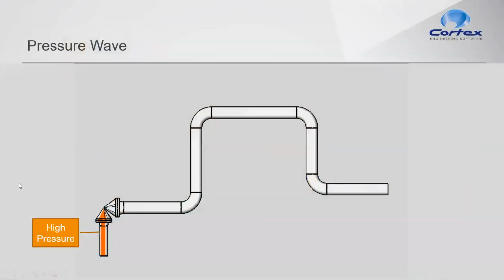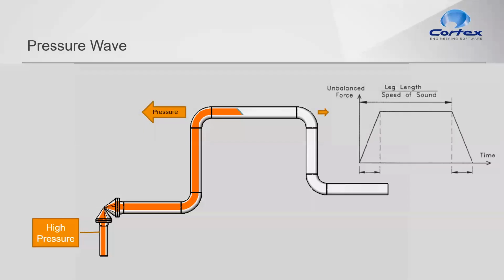One of the reasons it creates issues for the engineer is that we have transient piping pressure waves that transmit through the piping system. These cause high pressures in some areas of the pipe and low pressures in others. That leads to a force in the leg where we have an imbalance of pressures.